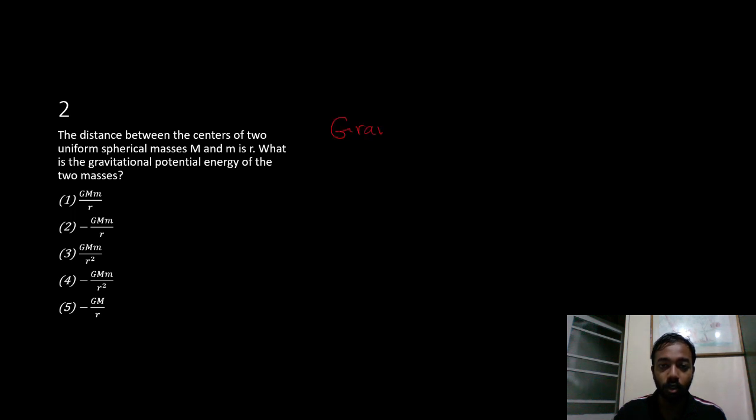So you know the equation for gravitational potential: negative GM over r. This is not squared, it's just an r. With regard to gravitational fields, gravitational potential can be stated as the potential energy which gets stored in a unit mass.